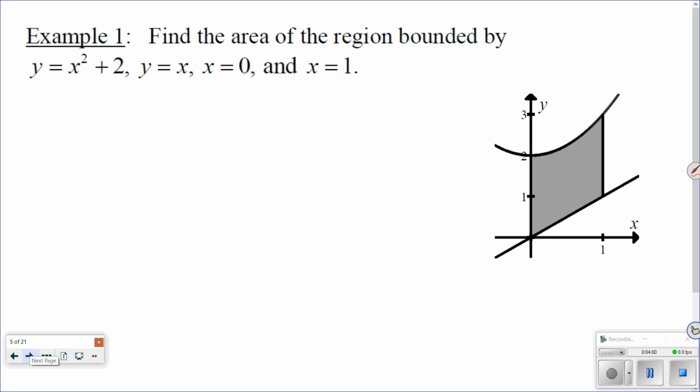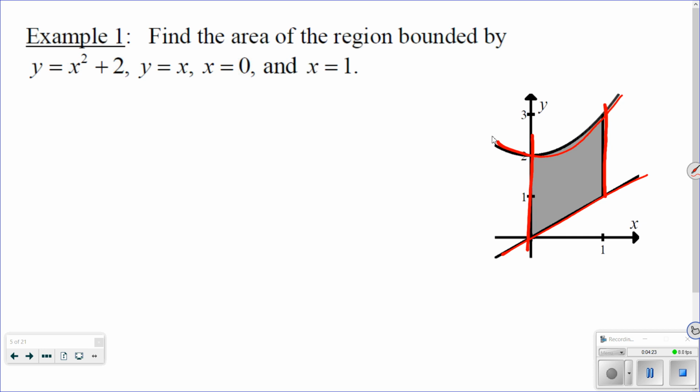So this one says, find the area of the region bounded by y equals x squared plus 2, y equals x, x equals 0, and x equals 1. And they were nice enough to already graph it for us. Here is y equals x squared plus 2. There is y equals x. And x equals 0 is that line, x equals 1 is that line. So that's the area I'm trying to find. Well, these functions are in terms of x.